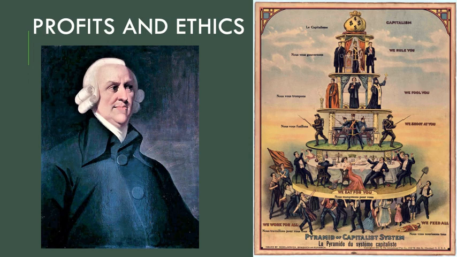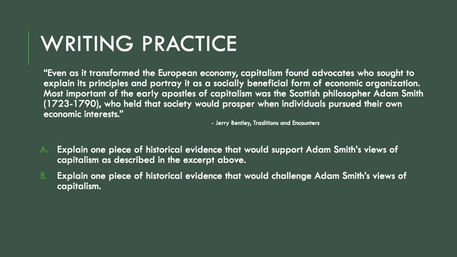And so what you're going to have for this chapter is a writing practice, and this is an SAQ. There's a section in your book that is given to you as an excerpt. And what you want to do is explain one piece of historical evidence that would support Adam Smith's views of capitalism as described above, which is what I just talked about, right?